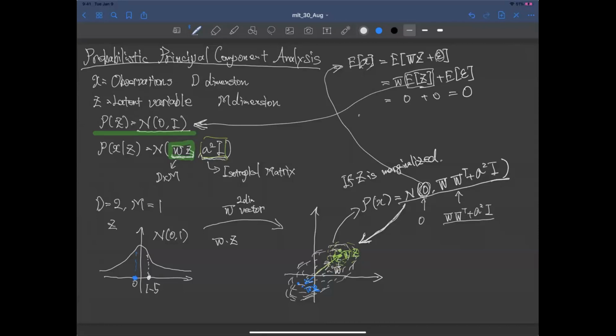Next, I will explain the covariance matrix of X.